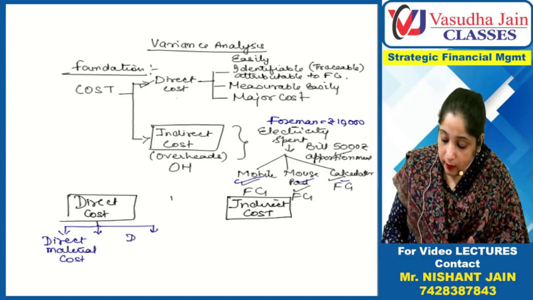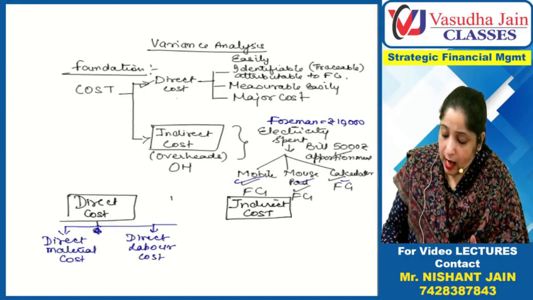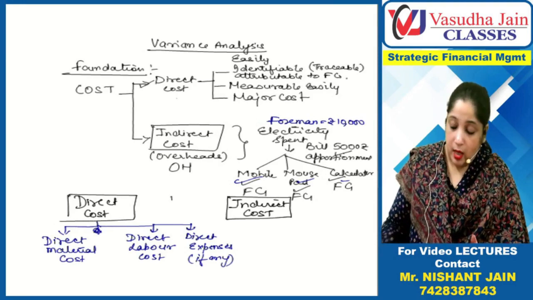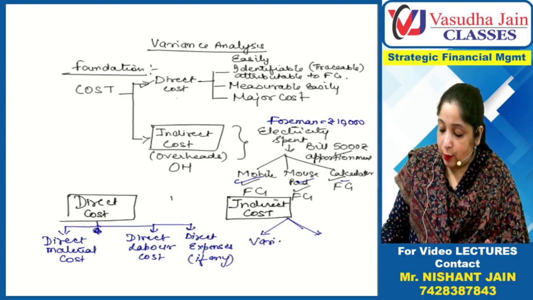So there is direct labor cost, and other direct expenses are also there, if any. Then similarly there will be indirect cost. Now, indirect cost we will classify into two parts.